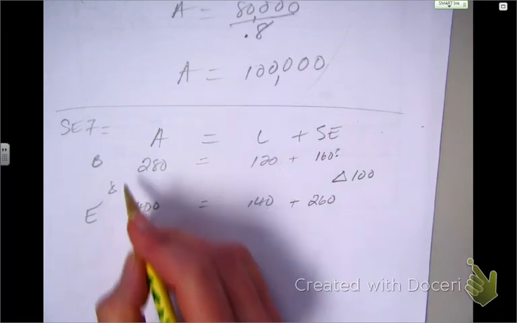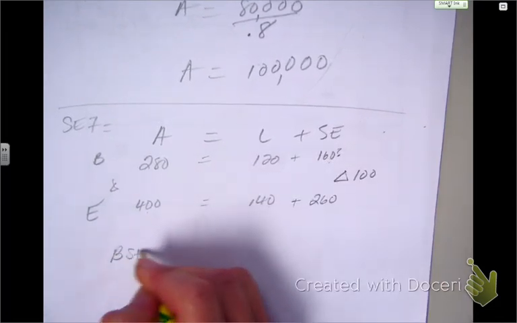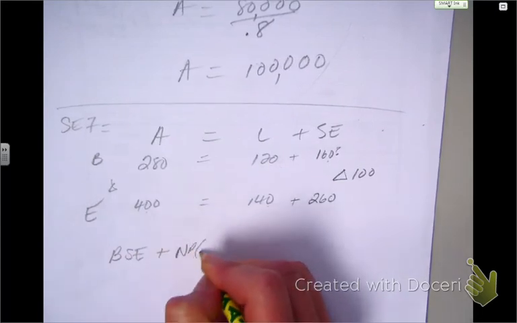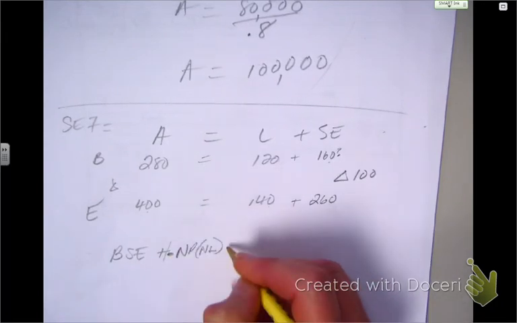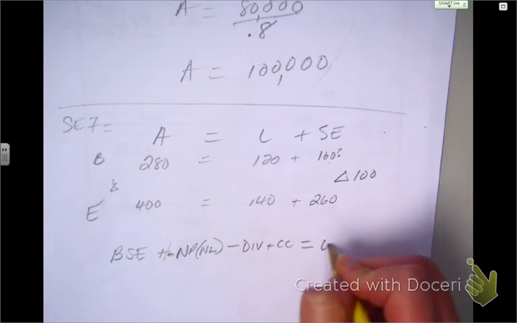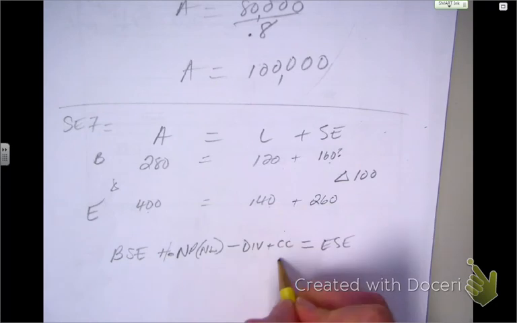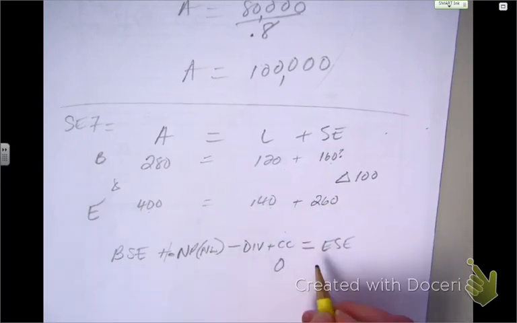So if we know what the beginning stockholders' equity is, let's use this formula: beginning stockholders' equity plus net profit or minus net loss, minus dividends plus contributed capital equals ending stockholders' equity. They don't say anything about contributed capital, so we're going to assume this change is zero. Oh, no, my bad, they did.